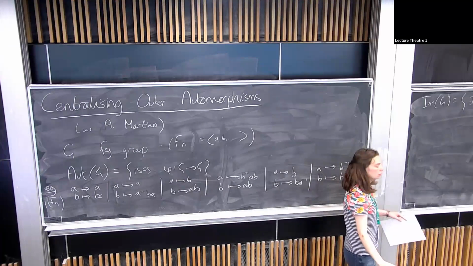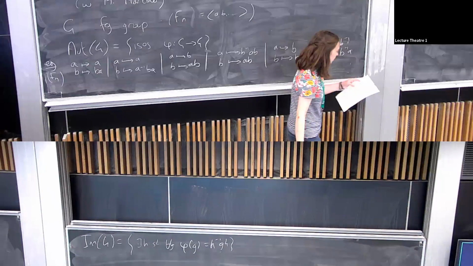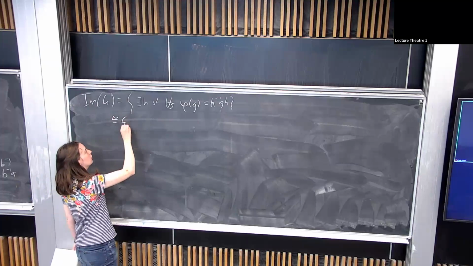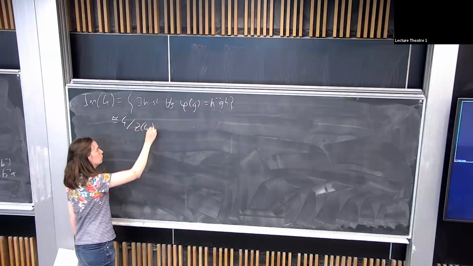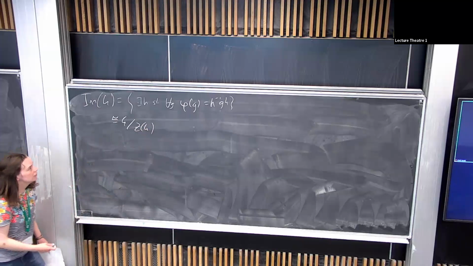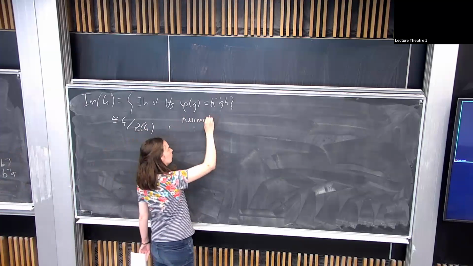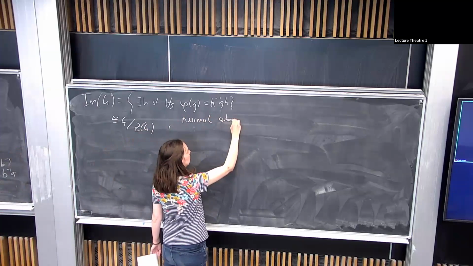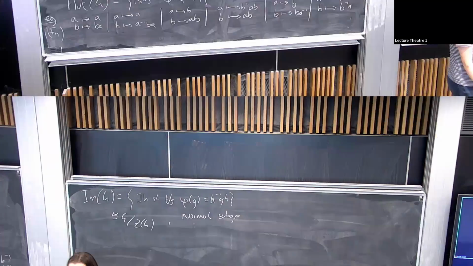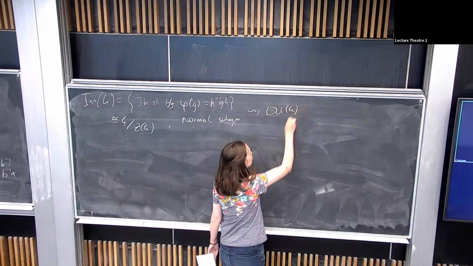It might not be uniquely determined by phi, but the same. And then the facts about this are that it's equal to G mod its center. This is the first isomorphism theorem. And also that it's a normal subgroup, which means I can quotient by it. That object is what's called the outer automorphism group.